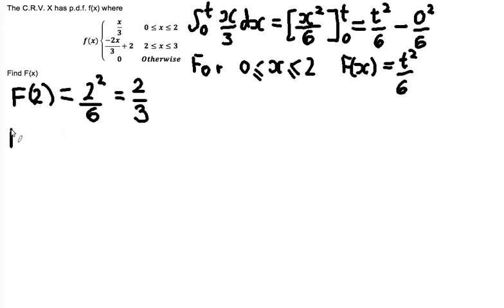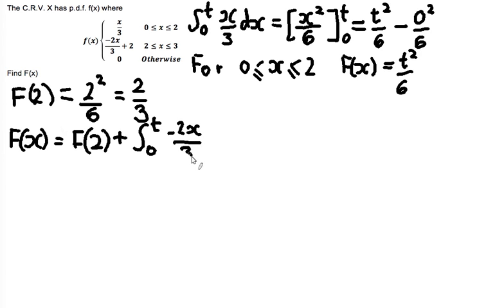So our function at that point, F of x, will actually be equal to F of 2, because we're going to take that probability all the way up to 2, and then add it to the value we get when we integrate over the range 0 to t, just like we've done before, minus 2x over 3 plus 2, integrated with respect to x.